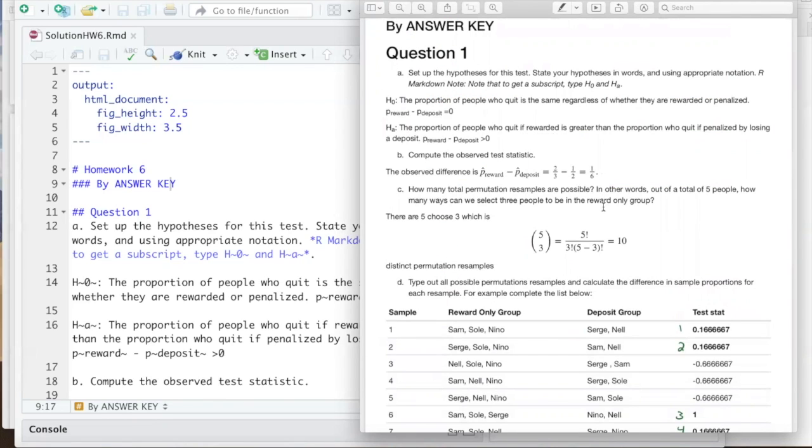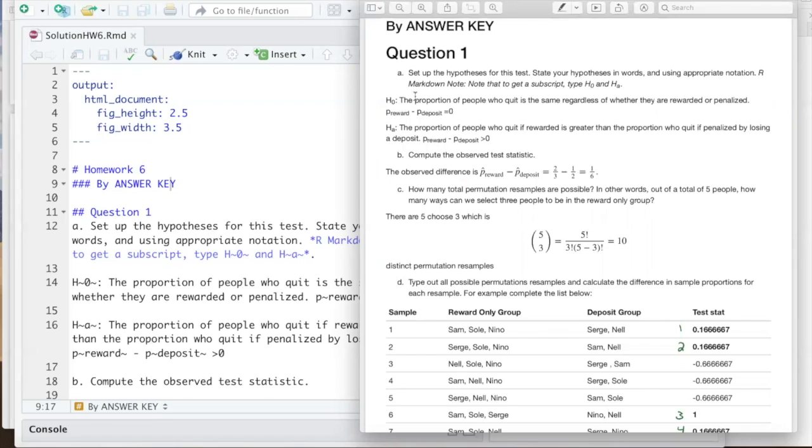So for question 1, this was the question dealing with the reward-based program for quitting smoking versus a deposit-based program, which is more like you feel like you're being penalized if you weren't successful. We wanted to see whether any one of those treatments was more or less effective at getting people to quit smoking.